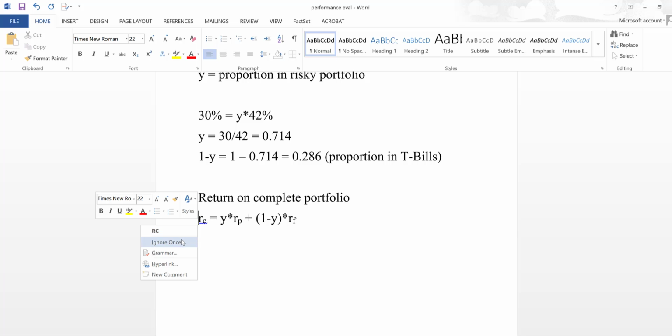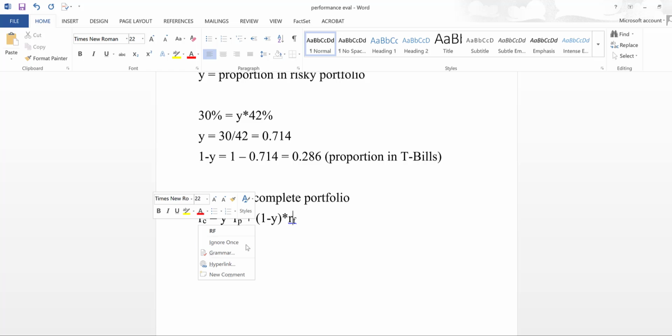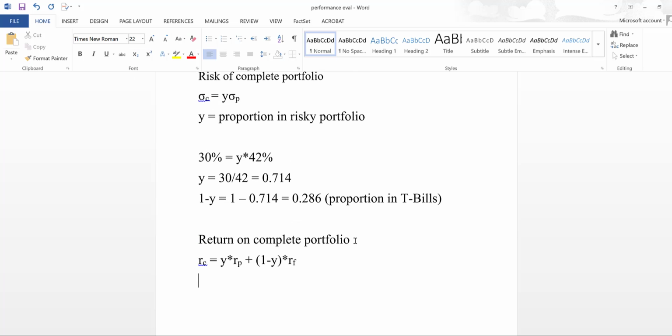And that would be the result or the return on the combined portfolio. So given this, we can actually compute the return on this combination. What would be the return? We already have our y's, y and 1 minus y. So we can use that.